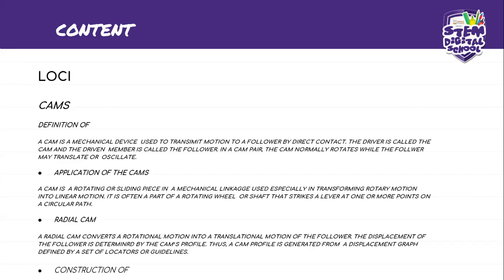So a cam is useful in a number of ways. In the automobile industry, in a car, you'll find what we refer to as a cam shaft, which facilitates the movement of pistons up and down without anyone doing that. Those are some of the applications that we relate to with regards to cams.